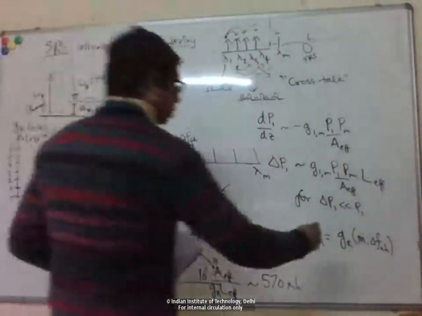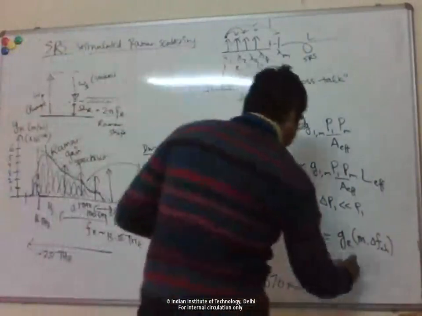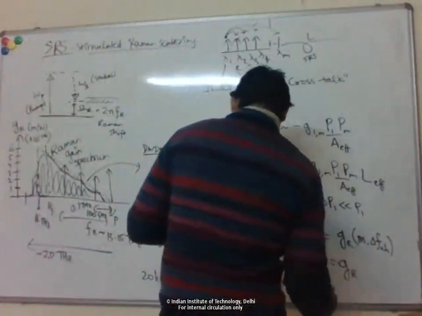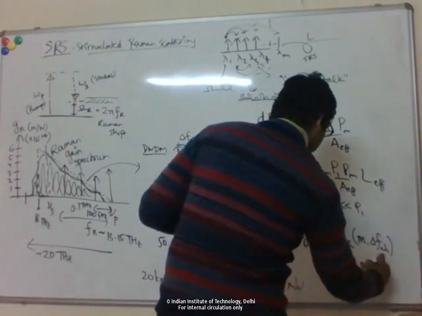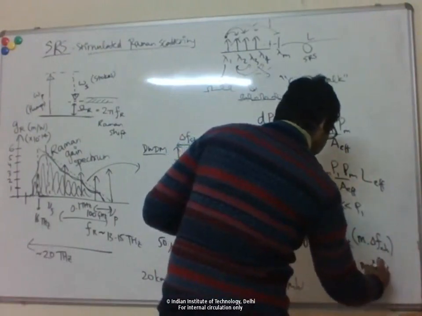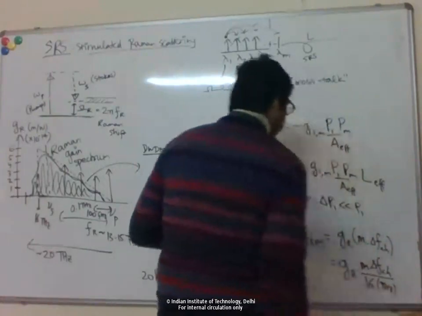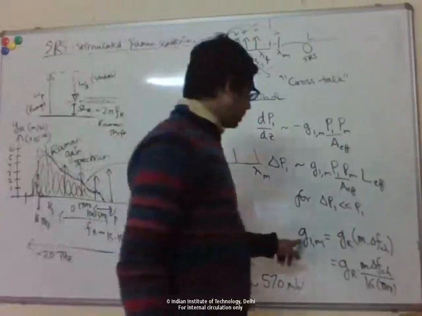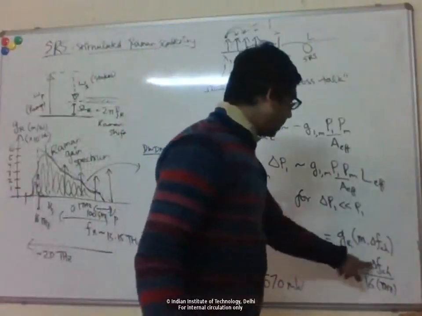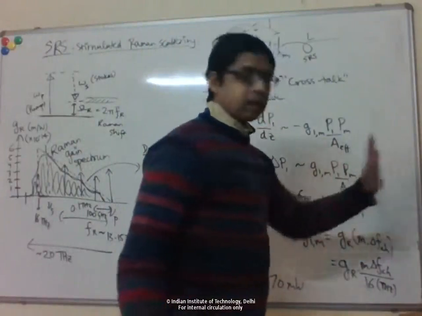Remember, we linearized this, so we can just write this as G R times m times delta F channel divided by this 16 terahertz. We can see that this gain coefficient scales linearly with the channel number.